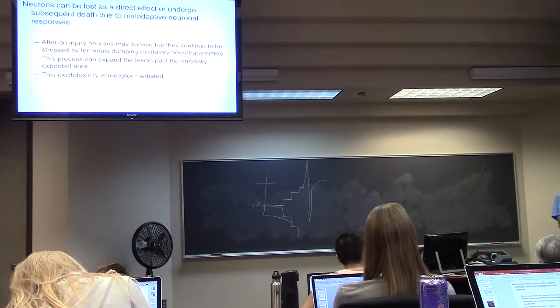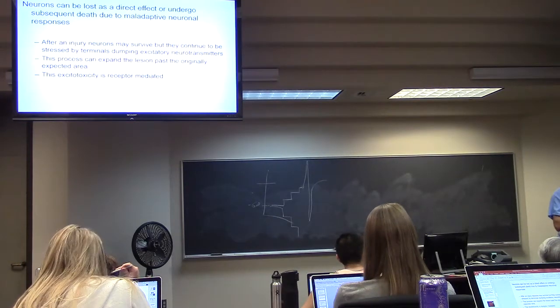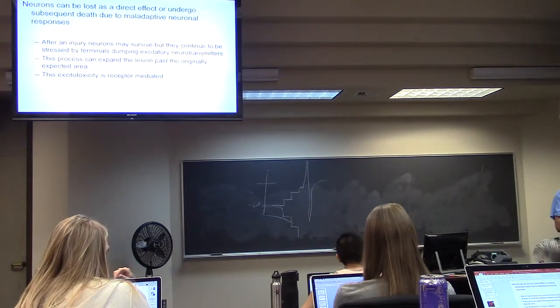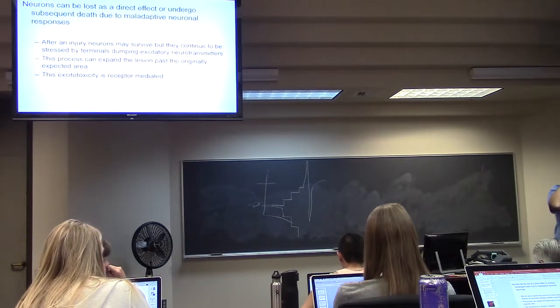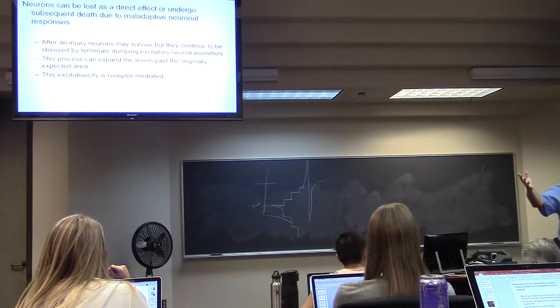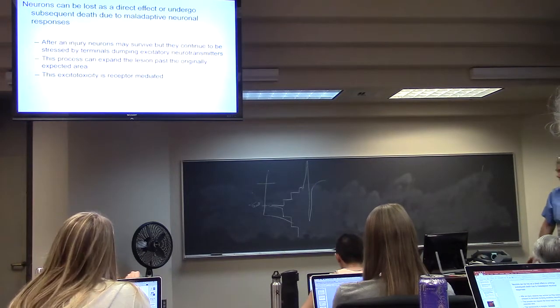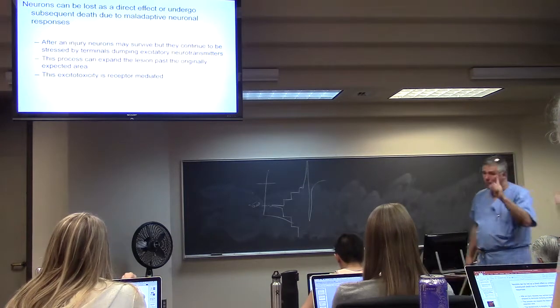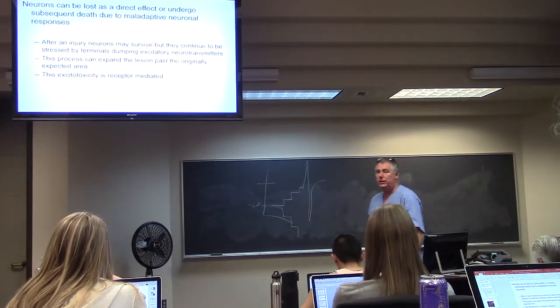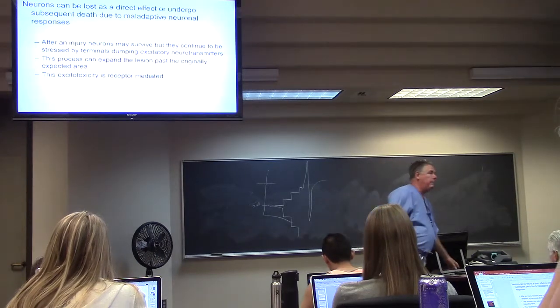One of the predominant neurotransmitters of the cerebral cortex is glutamate, which is an excitatory neurotransmitter. So all of a sudden in this cerebral lesion, the neurons are bathed in glutamate, and they just action potential themselves to death. So hyperexcitability due to neurotransmitter release, primarily glutamate, not acetylcholine, but glutamate is a big problem.